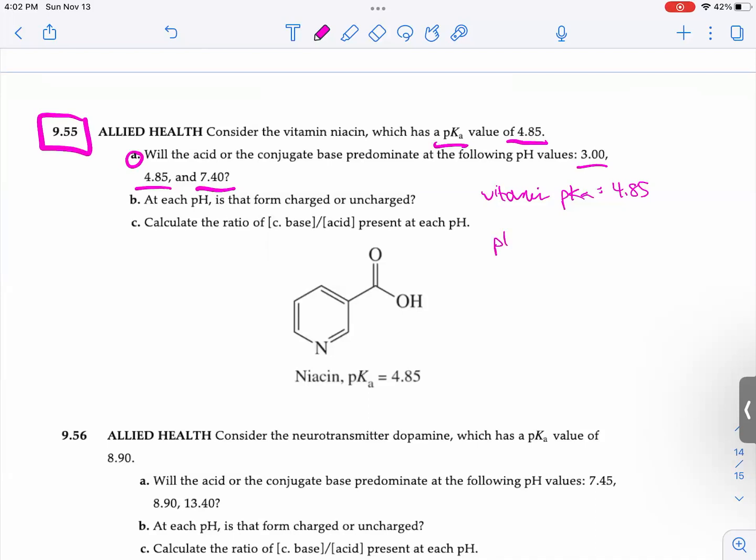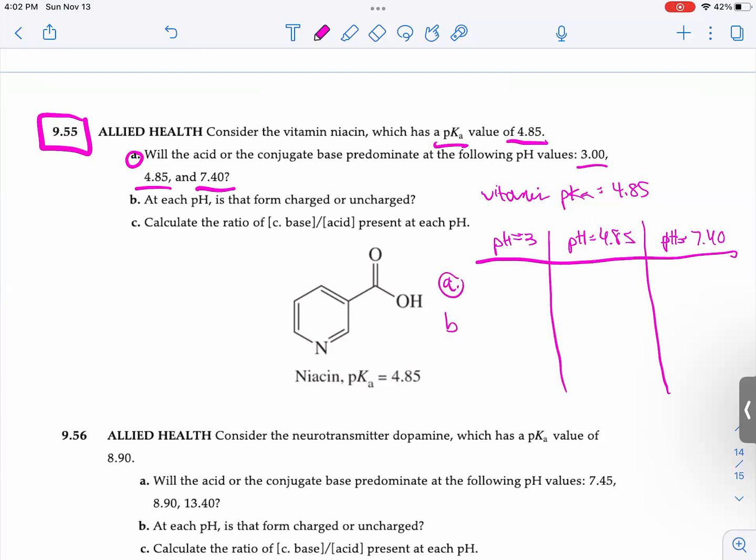So here we have pH 3. Here we have pH 4.85. And here we have pH 7.40. Okay. We'll make our little table to answer these. So we'll answer A, B, and C for each one.